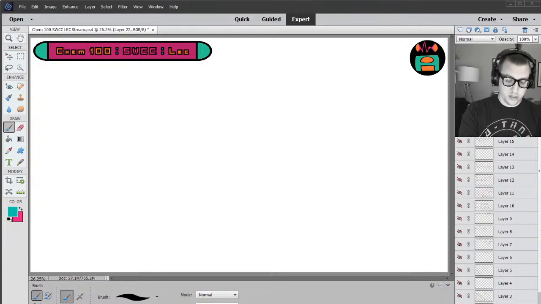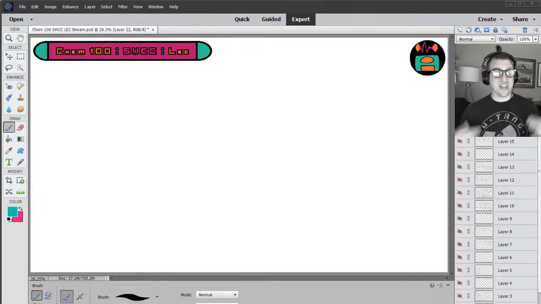Google the name of your class, Chem 100, and whatever the subject is. In this case, it's density. Chem 100 density worksheet PDF, and Google will literally spill out endless numbers of worksheets and example problems for you to do, in addition to the practice homework that's been assigned.